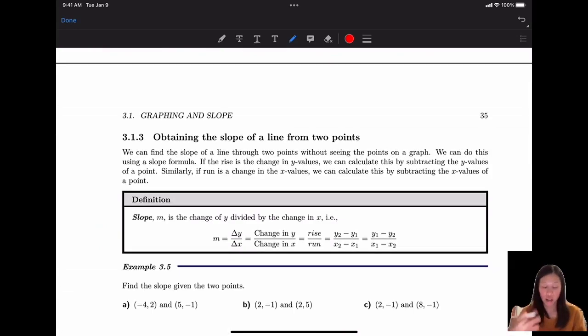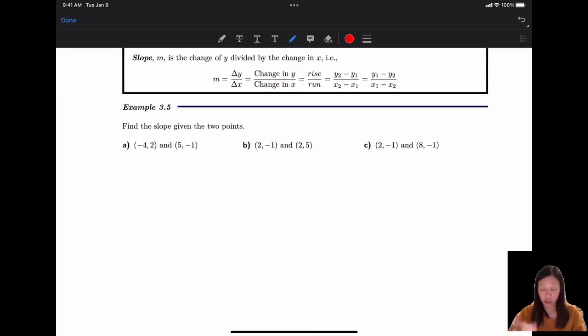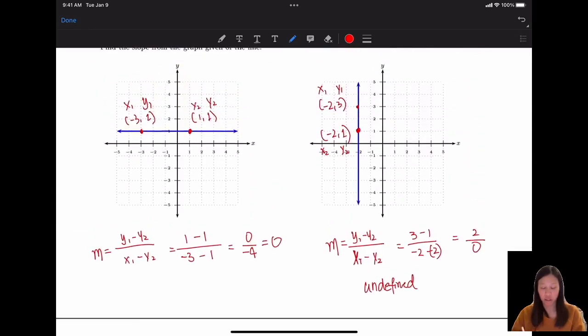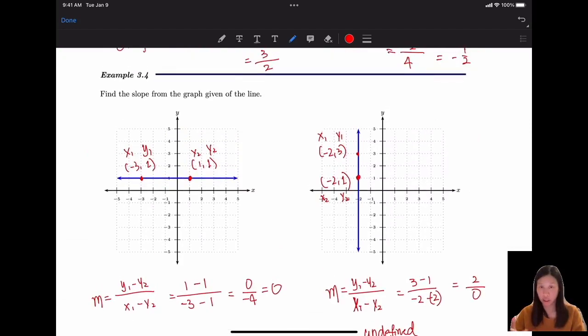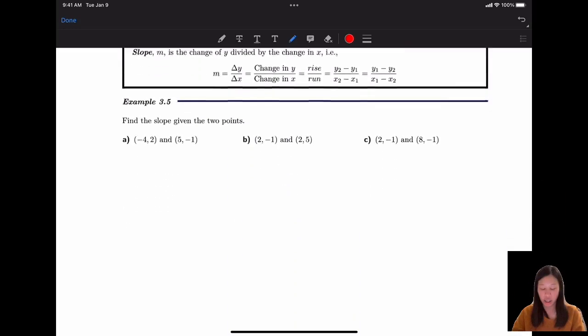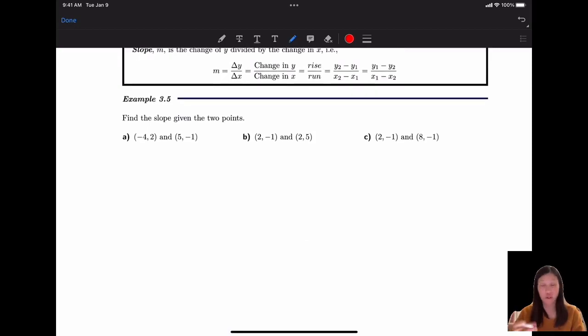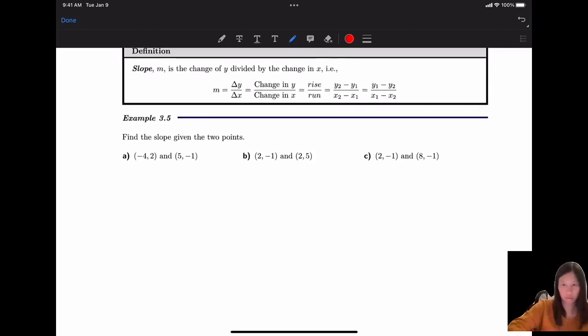Okay, so how do we obtain a slope from two points? It's similar to what we just did earlier. This one, they give you a line, and in here, this one gives you two points. So the first thing you would do is find out which one is x1, y1.